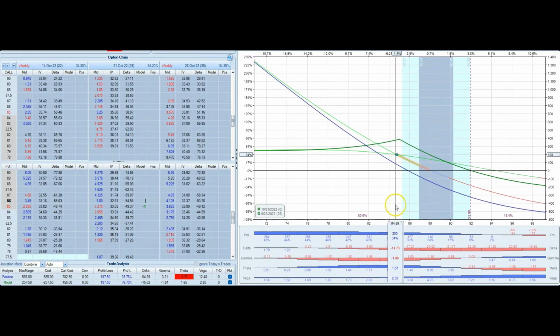This will obviously change my risk profile, where I will have less short delta. I'm also going to go from negative theta to positive theta, which is good if you're looking to generate some income while waiting for price to reach your price targets.